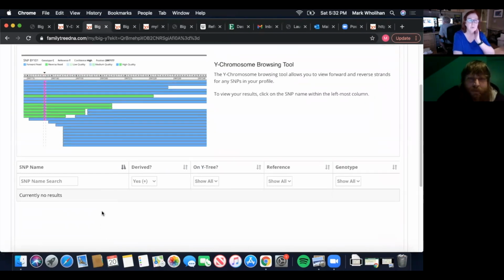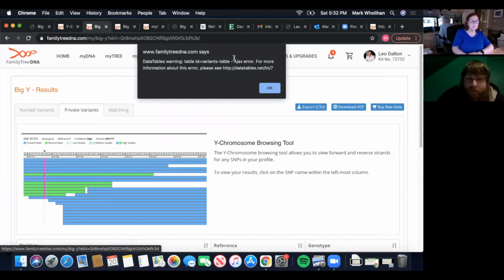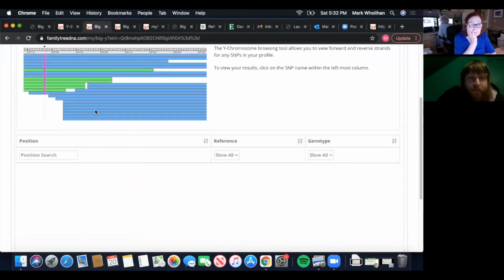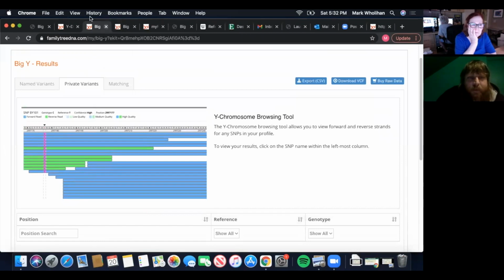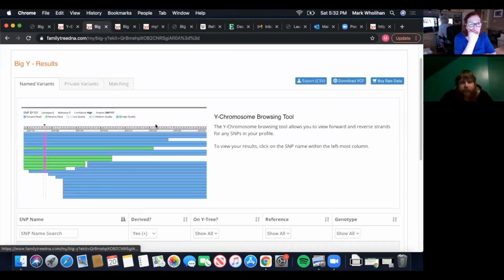What's the difference? See, my computer is being so wonky, it's not even loading them now. All right, so reload the page. Private variants are variants that only your dad has.